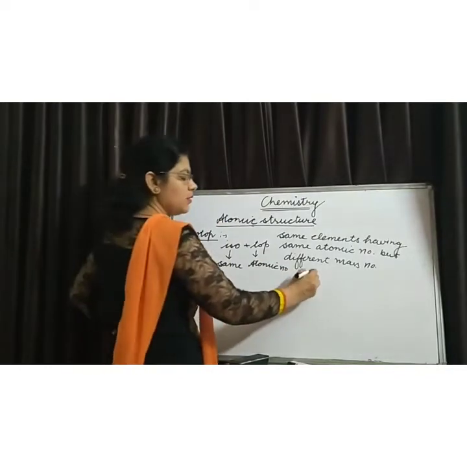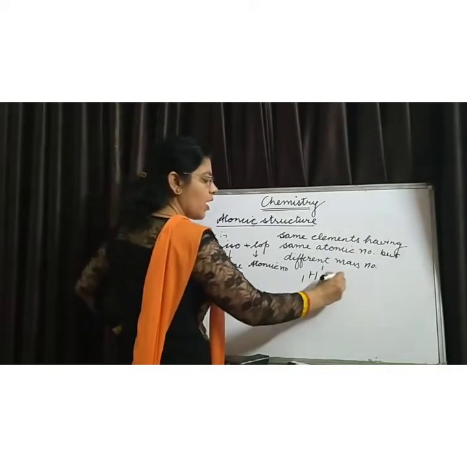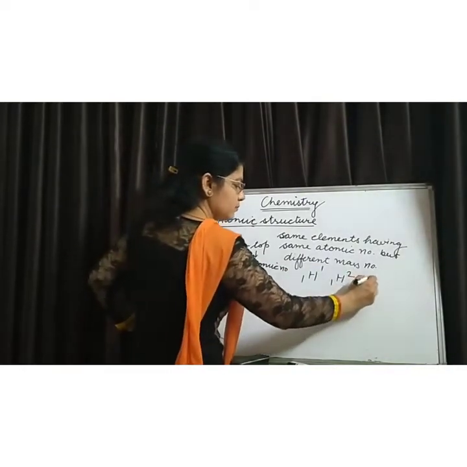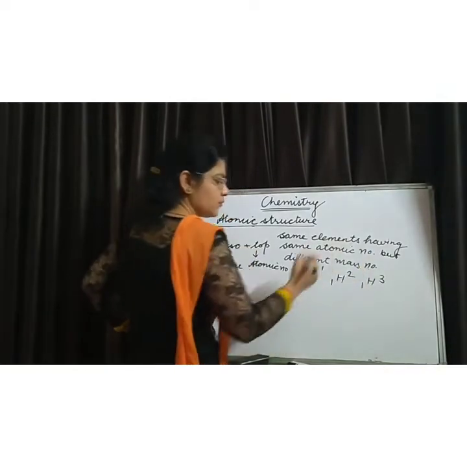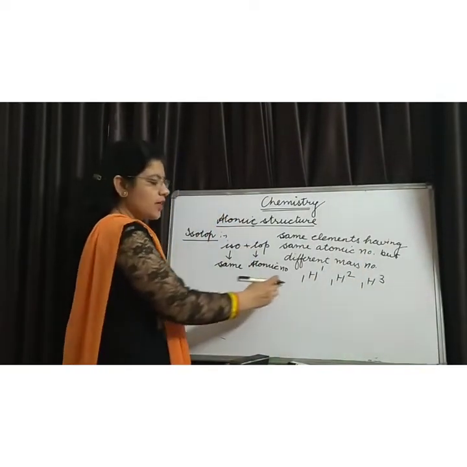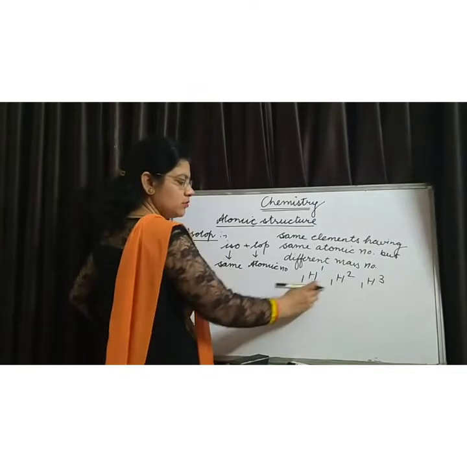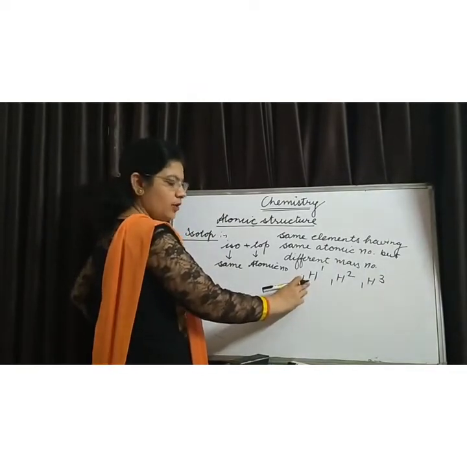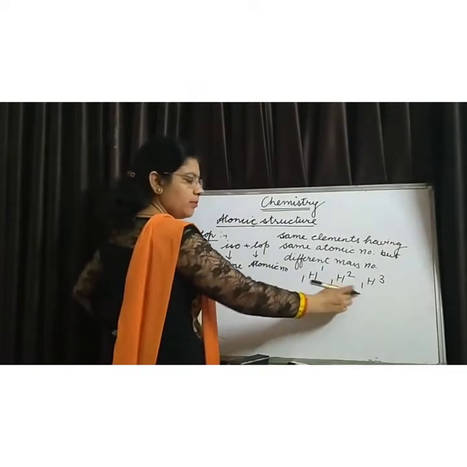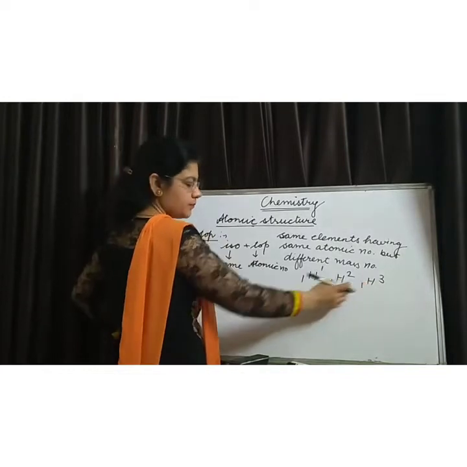For example, the isotopes of hydrogen. There are 3 isotopes of hydrogen named protium, deuterium and tritium.